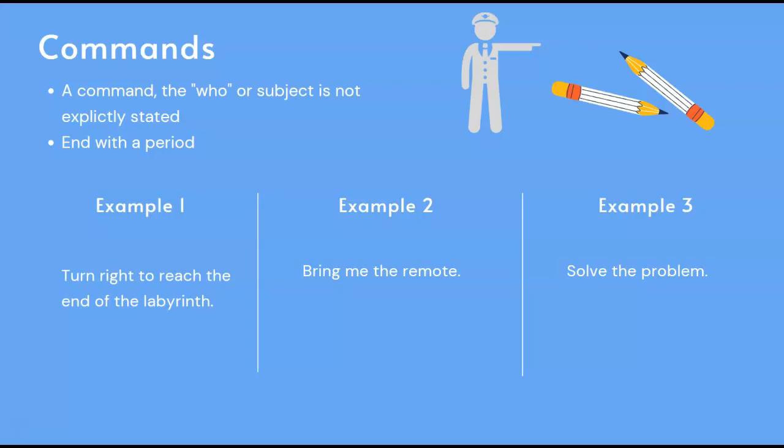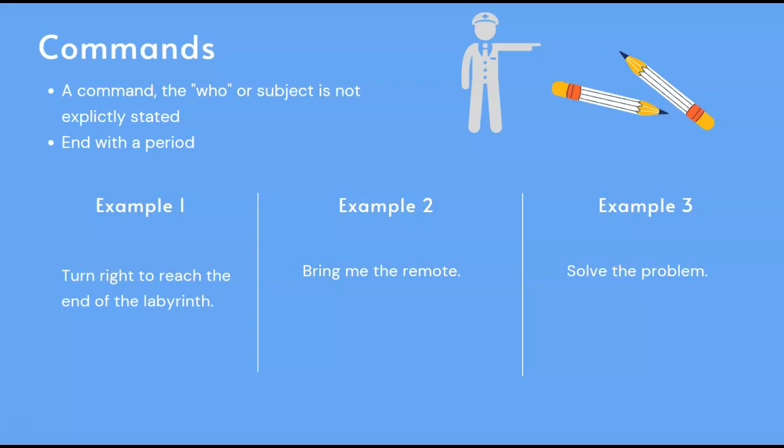So if I want to tell you to do something, you as one individual, or y'all as a lot of you, many you people, then I'm giving a command, and I cut off the word you and just start with the what I want you to do, the verb of the sentence. They also end with a period, so we have to learn how to recognize and identify these.